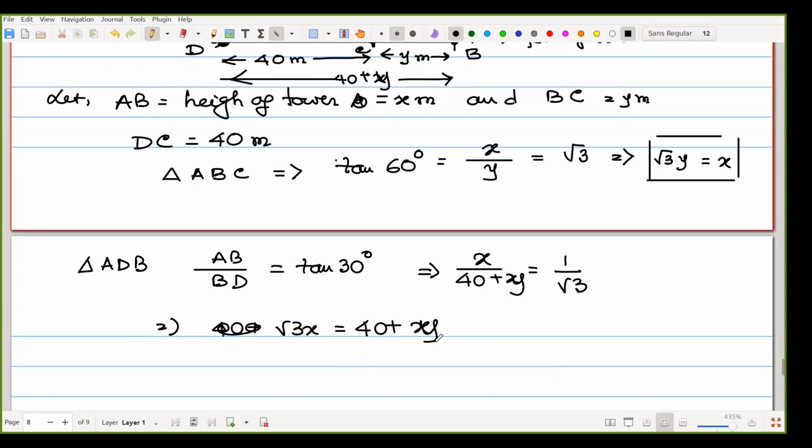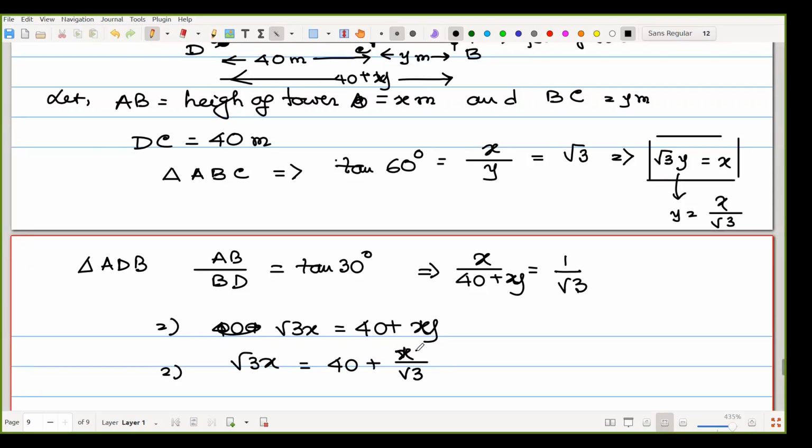Using that we can write, already from here Y is equal to X by root 3. So write down root 3 X is equal to 40 plus X by root 3.